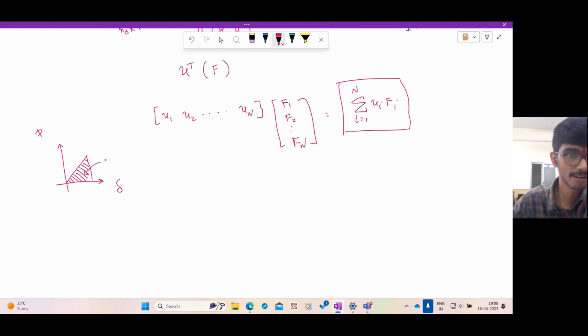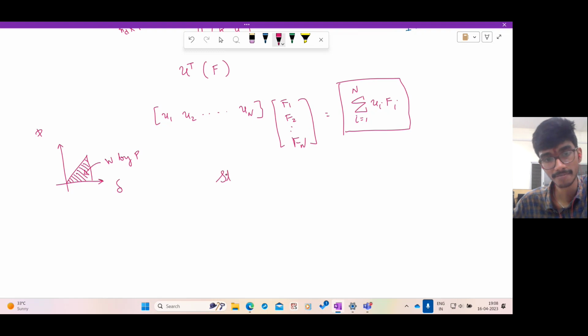This is the work done by all the nodal forces in causing the displacement U. But you see that the forces increase linearly as the displacements are increasing in a linear elastic body. So the actual work done will be an integral, and since it is linear, you'll get a factor of half.